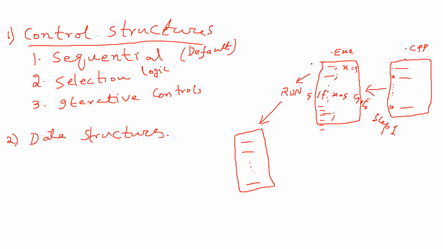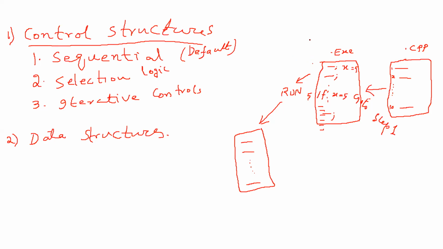So it means steps 1 to 4 are repeated 2 times. If again the value of x is 5, it is repeated again. So lines 1 to 4 are executed repeatedly. This type of logic is called iterative control.